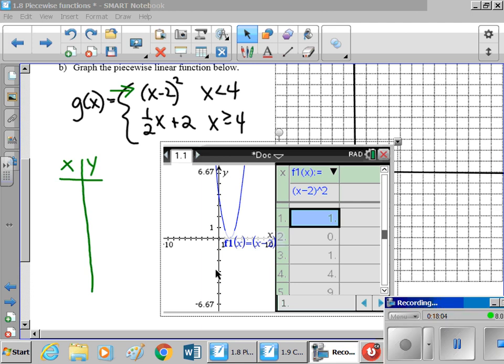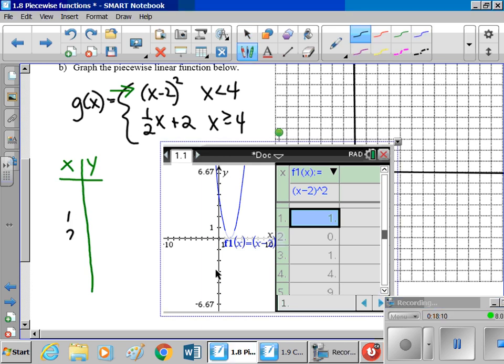If you pulled up your table, you could see your numbers here would be 1, 2, 3, 4, and it says until 4, so we know this is going to be 1, 0, 1, 4, and at 0, it's also going to be 4, because we know that this is our vertex right here.